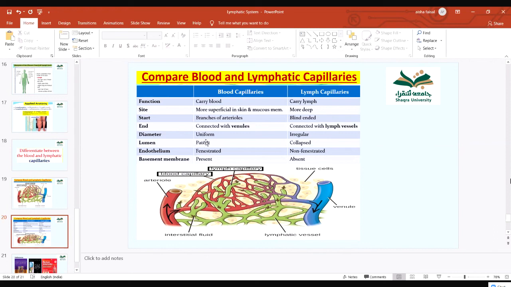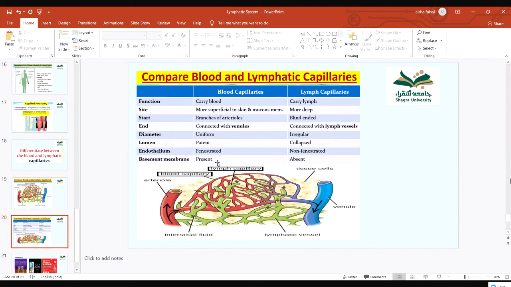The lumen is patent in blood capillaries, the lumen remains intact, while the lumen in lymph capillaries is collapsed. The endothelium in the blood capillaries is fenestrated, but it is not fenestrated in lymph capillaries. And the basement membrane is lacking in the lymph capillaries. So in the wall of the lymph capillaries, you will find only endothelial cells, which are not resting on a basement membrane.